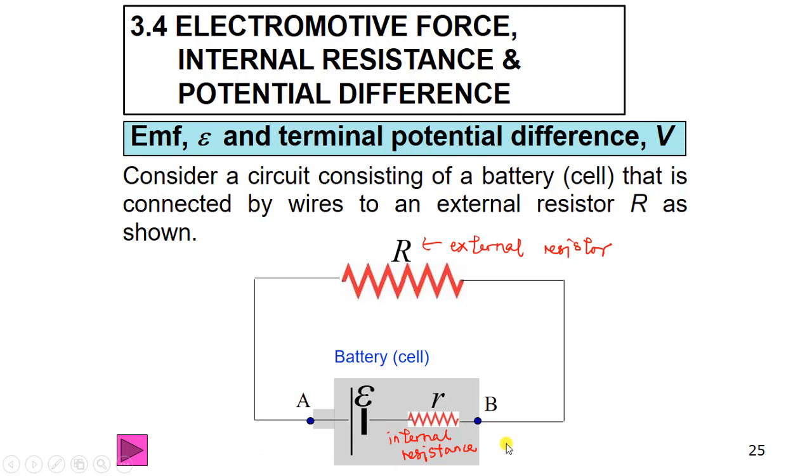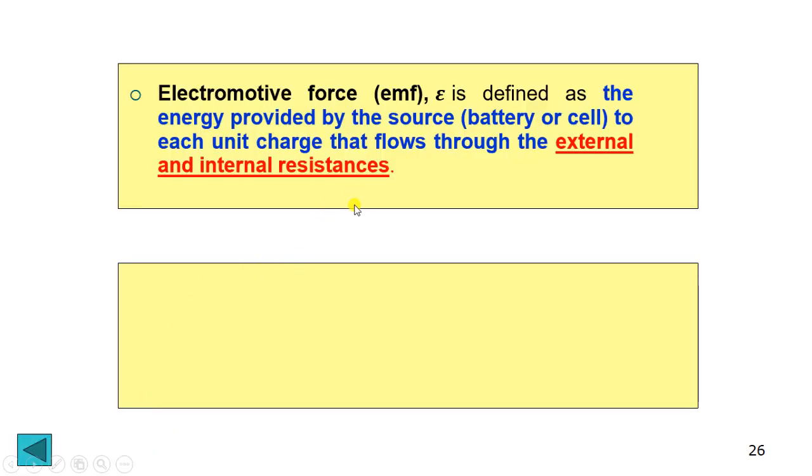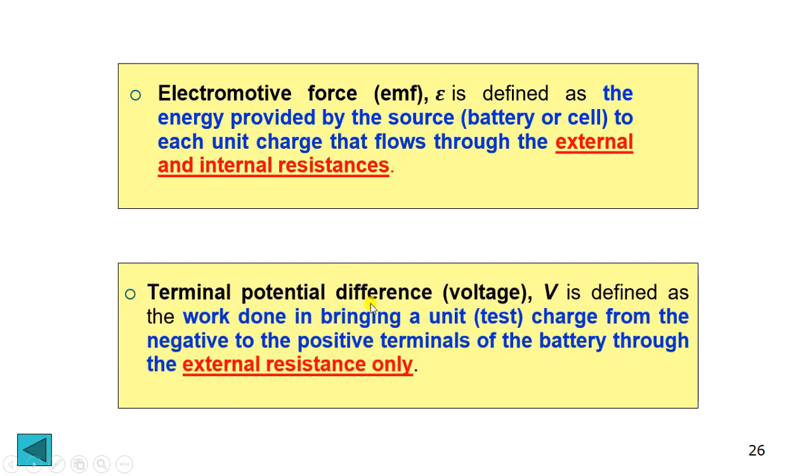So the energy that we provide for the free electron to move through the internal resistance and also the external resistance, that one we call electromotive force. Clear?